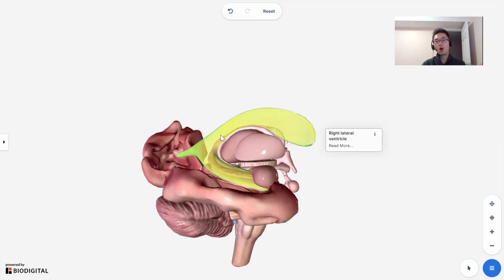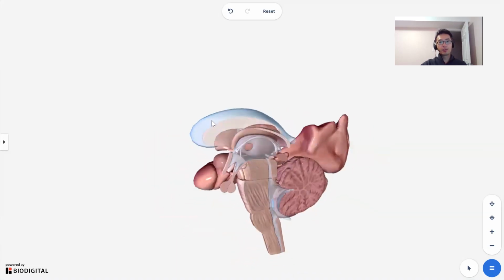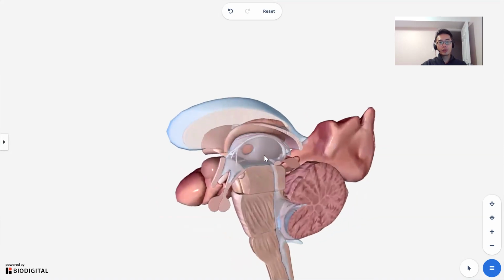I'll type it in the chat. It's called the choroid plexus, and the choroid plexus is where you will produce the CSF, the cerebral spinal fluid.